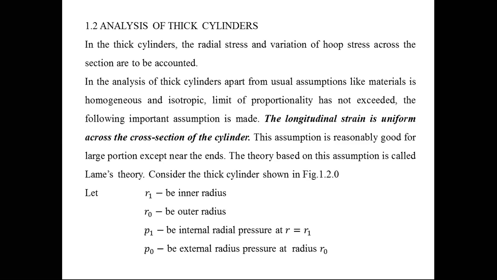The analysis of thick cylinders is derived on the assumption that a section perpendicular to the centroidal axis of the cylinder, which is plane before pressure, remains plane after the shell is under pressure.